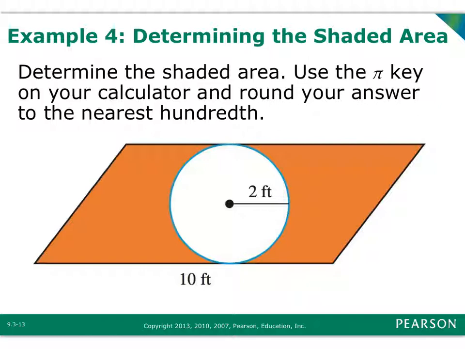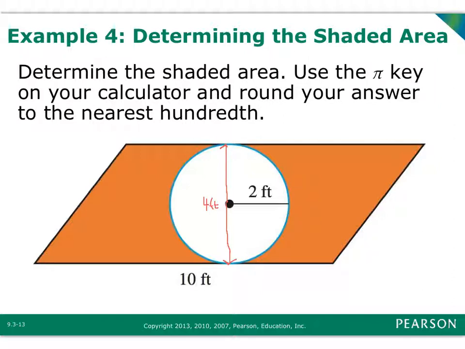Now we want to figure out the height of this parallelogram. You can see that the height of the parallelogram is going to be 4 feet. Do you see why? It's going to be twice the radius.